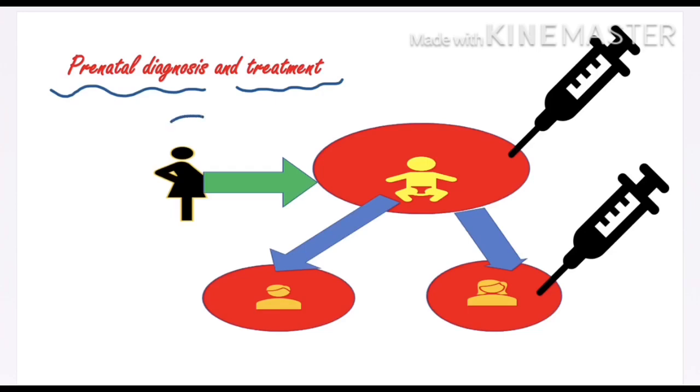If this mother is at risk, suppose the previous child is having CAH, so we can diagnose it perinatally before the gonadal differentiation. So start dexamethasone at 6 weeks of gestation.